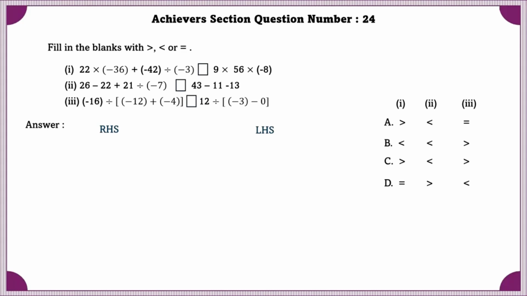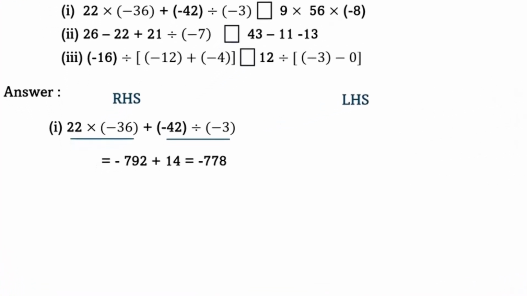Achiever section question number 24. Fill in the blanks with greater than, less than or equal to. First one, let us take the right hand side. Simplifying it, we will get minus 792 plus 14, which is equal to minus 778. Next, the LHS, which is equal to minus 4032.